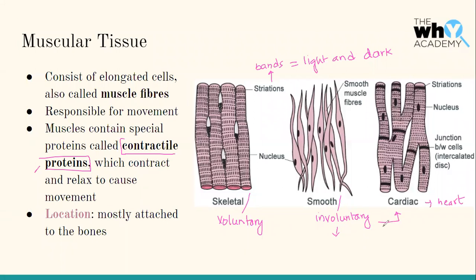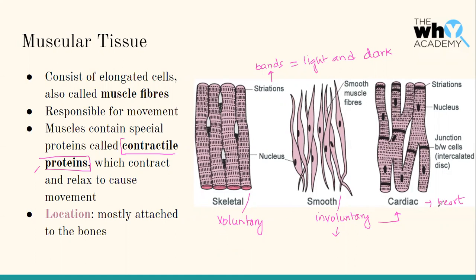Cardiac muscles are also involuntary. Yes, we cannot control our heartbeat. So anything we cannot control is called involuntary. What we can control is called voluntary, like you move your fingers, you can blink, all that is voluntary.